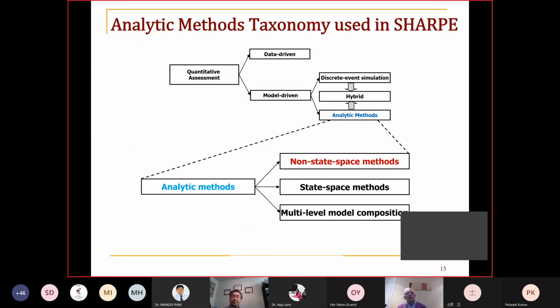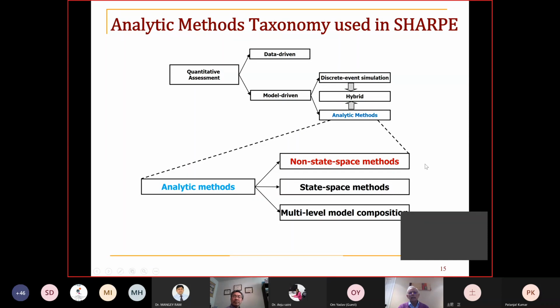So now, if we are going to continue to talk about analytic methods, then I would like to divide the analytic methods into three broad categories. One group of methods I like to call non-state space methods. The second group I like to call state space methods. And the third group I'd like to call multi-level model composition.